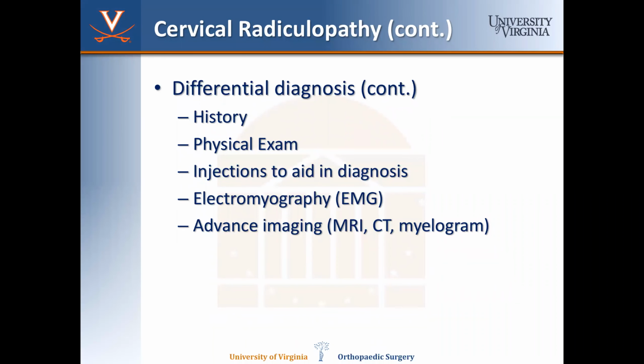So for differential diagnosis, you want to take a history and do a physical examination. Don't forget diagnostic injections. EMGs can be helpful, particularly with peripheral compressive neuropathies, because you can do conduction velocities across segments for cubital and carpal tunnel. Remember, you can't do conduction velocities for cervical nerve roots because you can't get before the foramen and after the foramen.